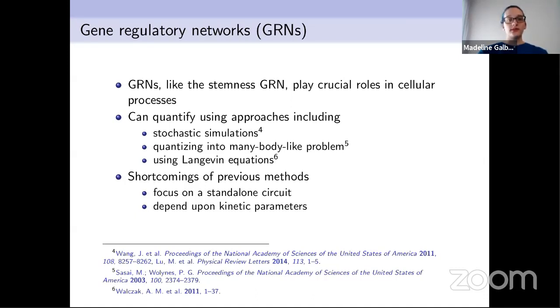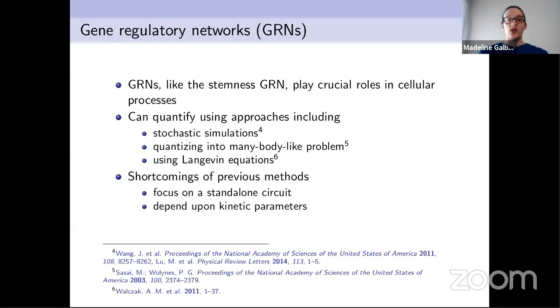You can quantify these gene regulatory networks using many different approaches. There are stochastic simulations, many-body problems, Langevin equations. You can even just use an ordinary differential equation. But there are shortcomings, one of which is that with a lot of these other methods, you end up simulating just a standalone circuit, and you can't get information about the microenvironment within the cell inside of these circuits.